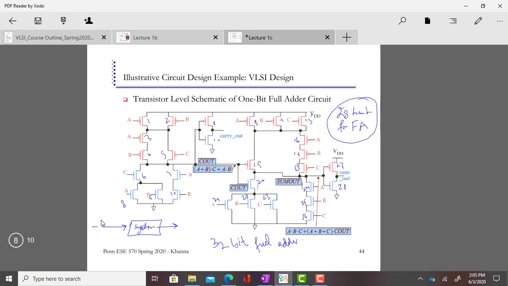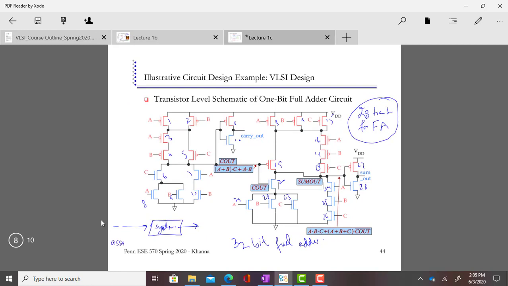You can write a statement like this: assign sum = A + B + Cn, and you say input [31:0] A. For one bit it was like this: input A. But for 32-bit you add this vector, and just by this small change the synthesizer can understand that you want a 32-bit adder, and it will generate this circuit for you.